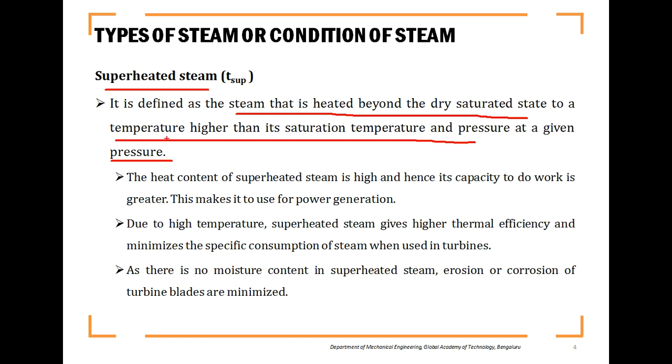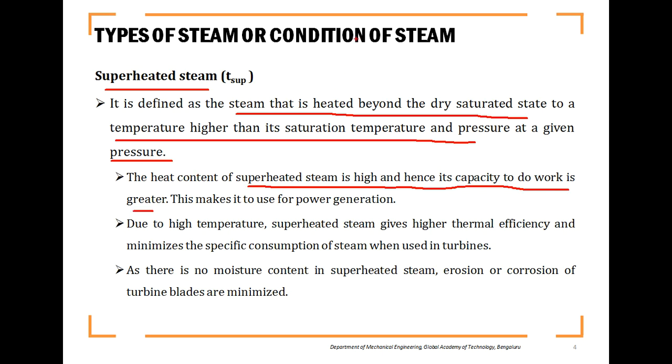Now, what are the characteristics of superheated steam? Why do we prefer superheated steam? In boilers, the main aim or principle of a boiler is to produce superheated steam. The heat content of superheated steam is very high, and hence its capacity to do work is greater.